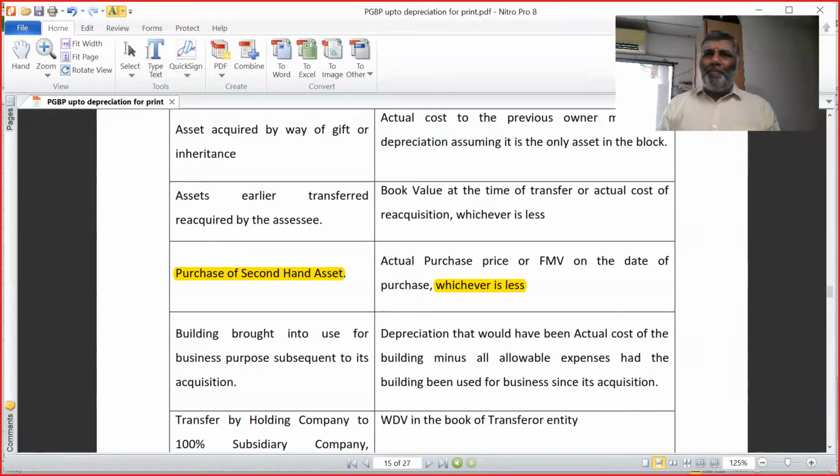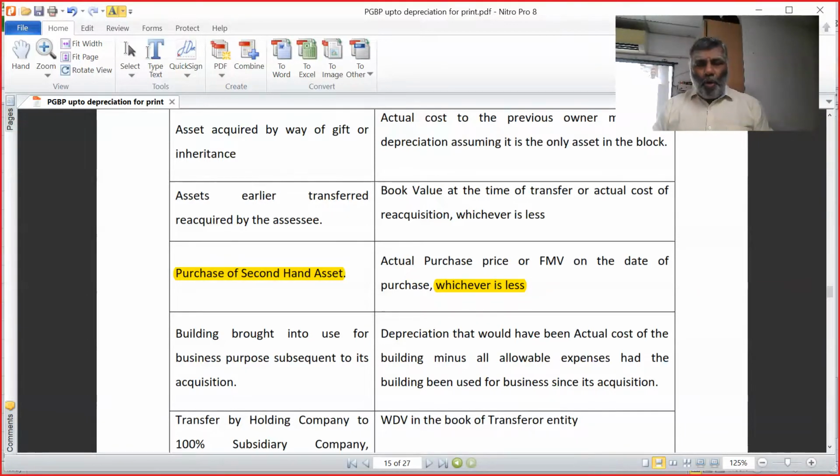The holding company should not transfer it at a higher value so that the subsidiary can again start claiming depreciation. Actual price, or if you go and buy in the market, what would the price fetch? Fair market value, whichever is less. This is the first thing to understand if you buy a second-hand asset.